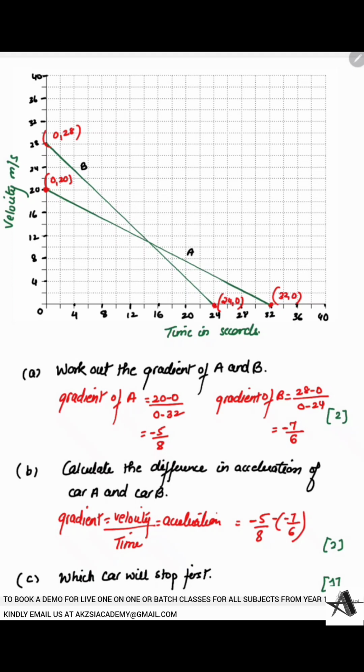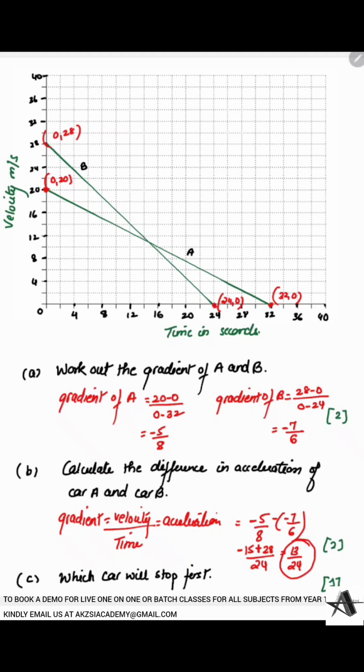LCM of these is 24. This is negative 15, and this is plus 28. Answer is 13 over 24. This is the difference.